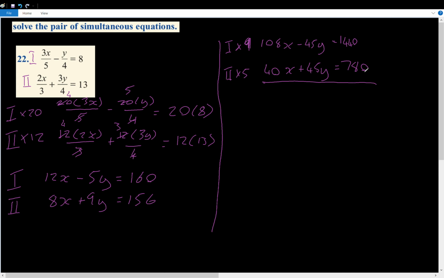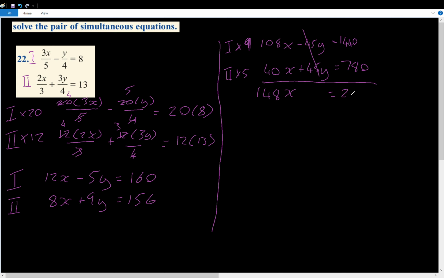Now we're just going to draw a line and sum this all down. So 108 plus 40 is 148, so it's 148x. 40 minus 45y plus 45y is 0, so that cancels out. And then it's going to be 1440 plus 780, and that's going to be equal to 2220.